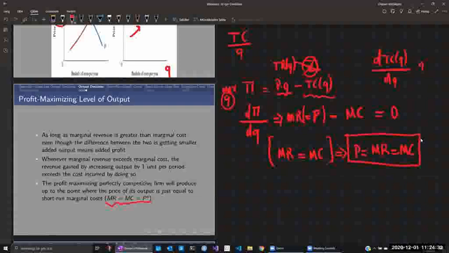Now the question is, is it a sufficient condition or is it a necessary condition? What do you guys think?